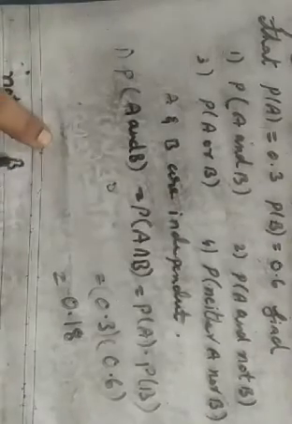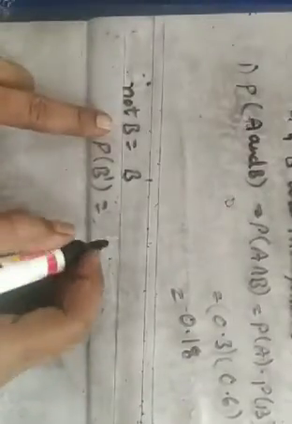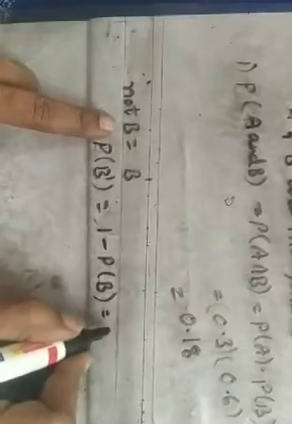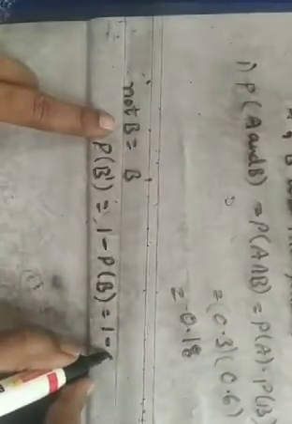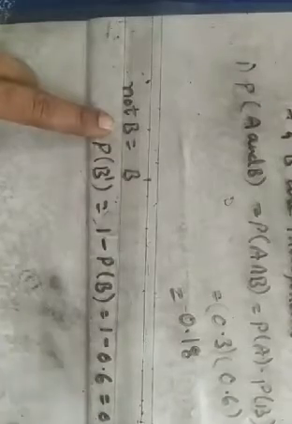Next, second one, P of A and not B. We want not B, isn't it? Let us find the not B. Not B is nothing but B dash. P of B dash is equal to 1 minus P of B, which is equal to 1 minus 0.6, which is equal to 0.4.